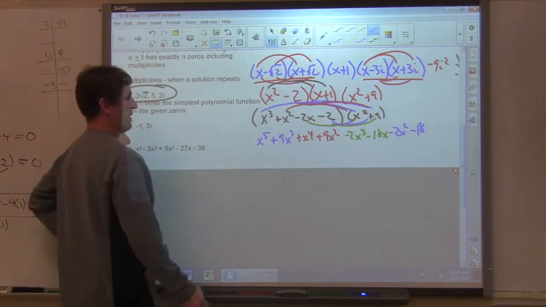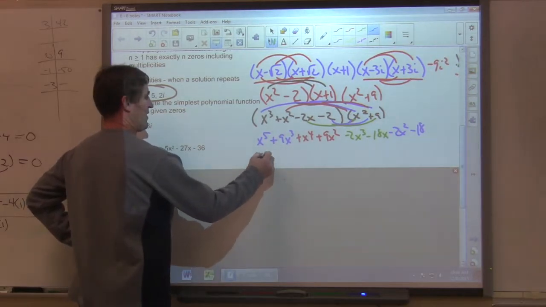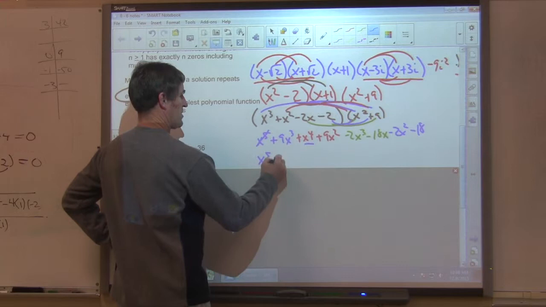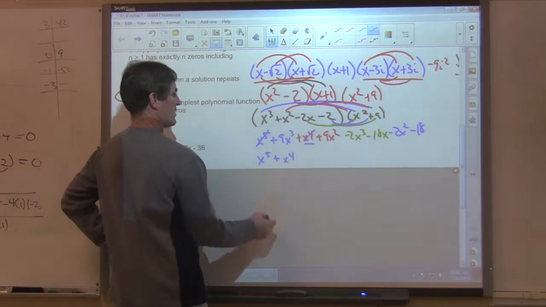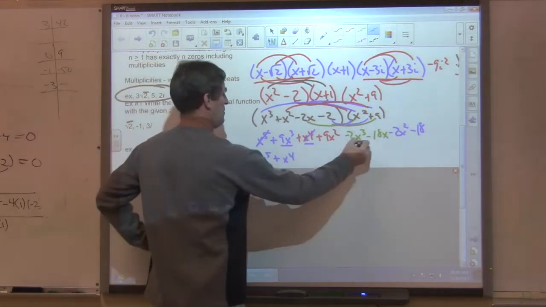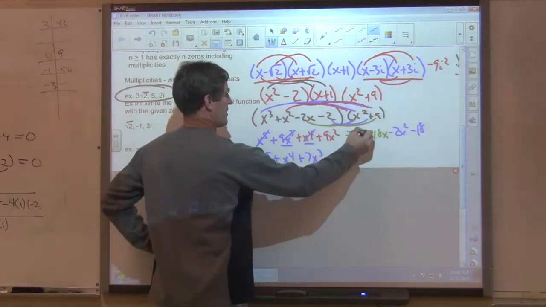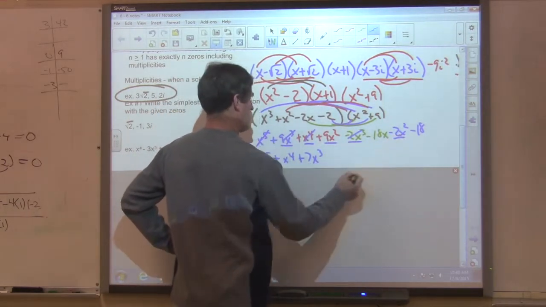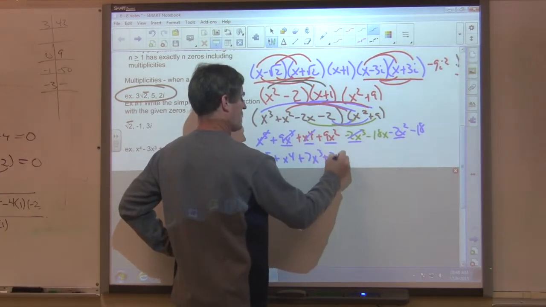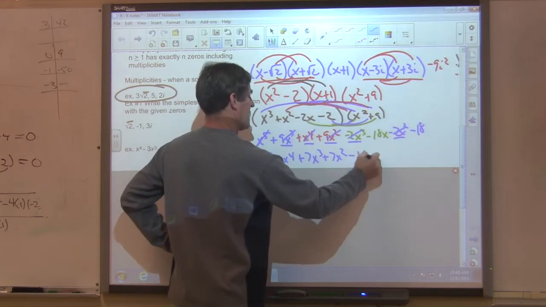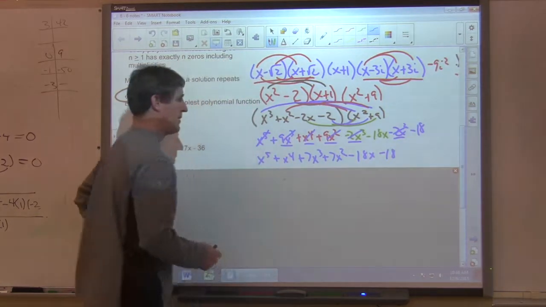And now we just have to combine like terms. So we have an x to the 5th, that's gone. No other x to the 4th. 9x cubed minus 2x cubed is 7x cubed. 9x squared minus 2x squared is 7x squared. Minus 18x minus 18, and you're done.